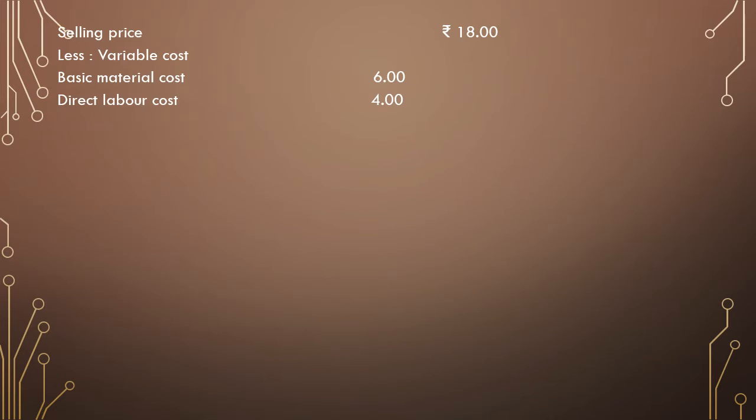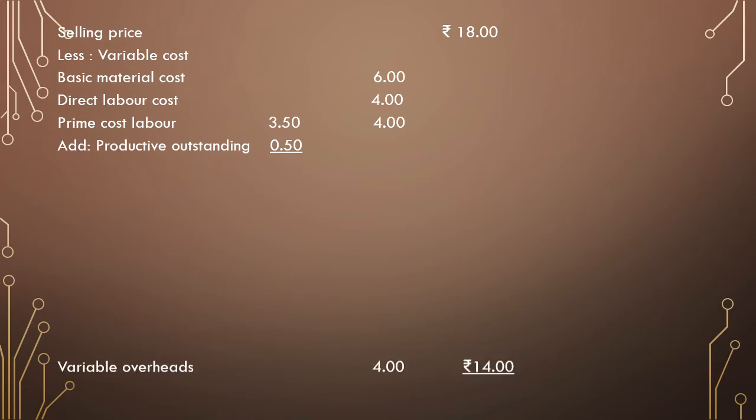Now let us calculate contribution per unit. We have the selling price as rupees 18, and we will deduct our total variable cost from this selling price. The variable costs are: basic material cost rupees 6 per unit, then direct labor cost rupees 4, that is prime cost labor 3.50 plus outstanding productive labor 0.50.